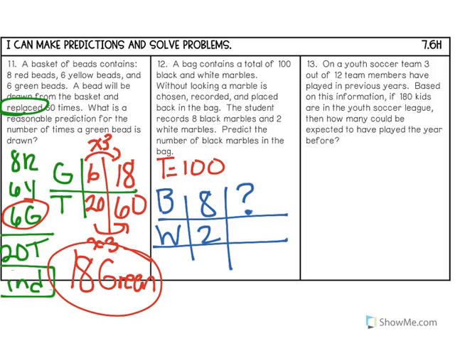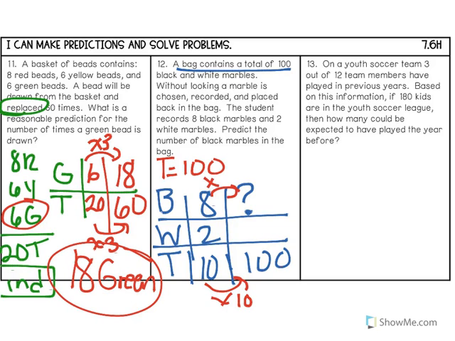So what they didn't tell me is the total, but I know if I have 8 black and 2 white, I have 10 total. And I know for sure in the bag there's 100 total. So 10 times 10 is 100. Therefore, there are 80 black marbles in the bag. Again, a ratio table helps you compare and make proportions.